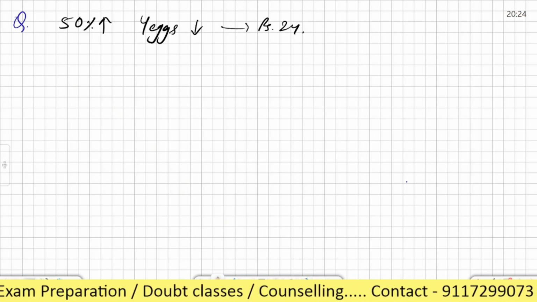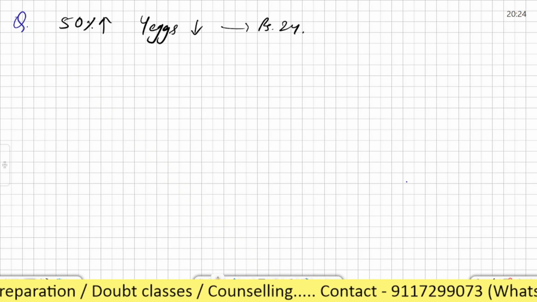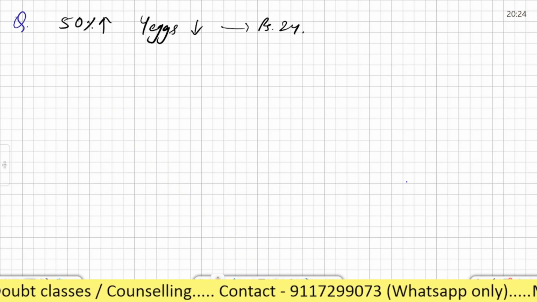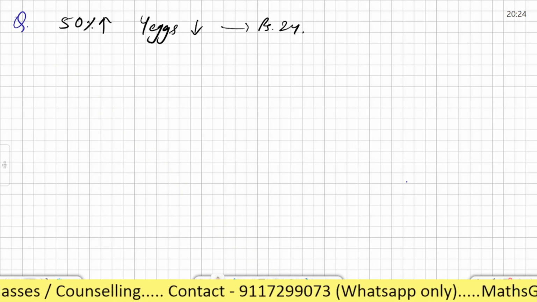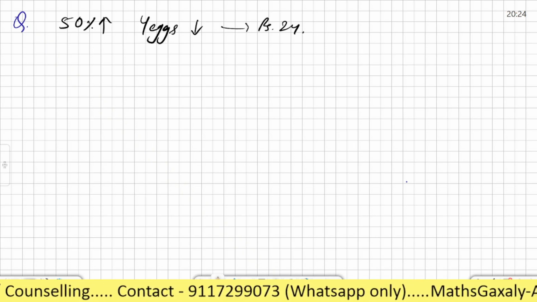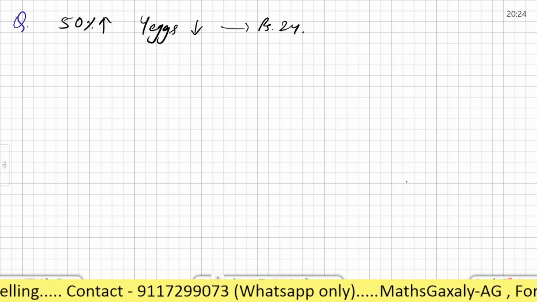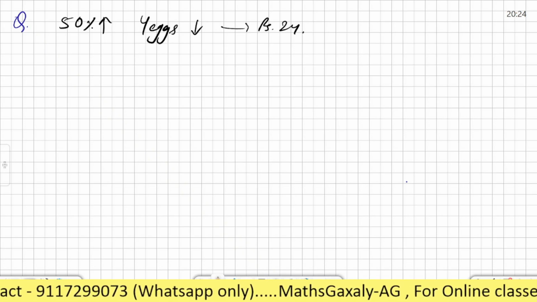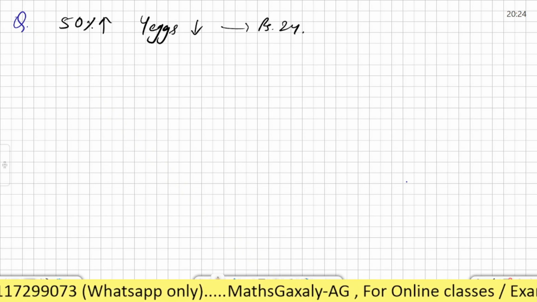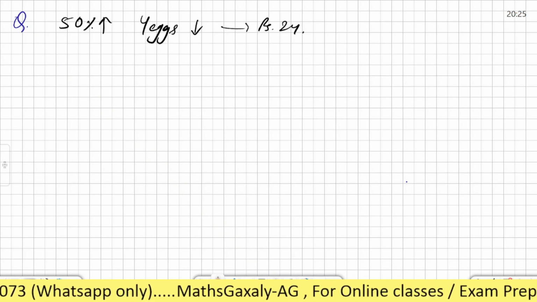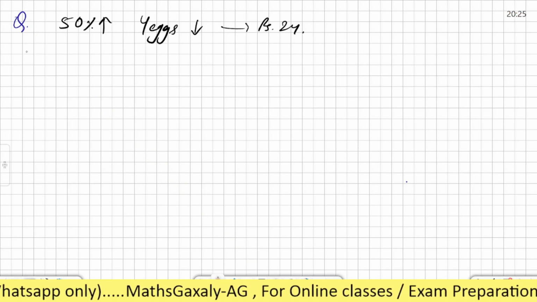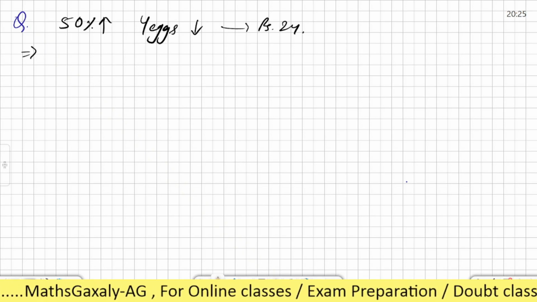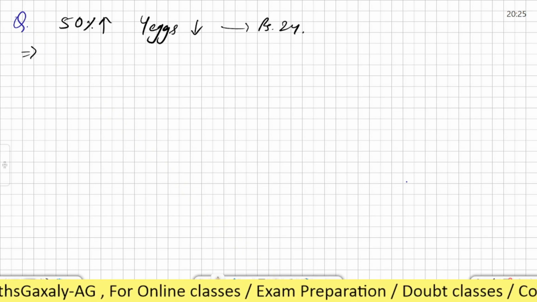The percent rate of egg per dozen is... Okay, it says that due to an increase of 50% in the price of egg, 4 eggs less are available for rupees 24.